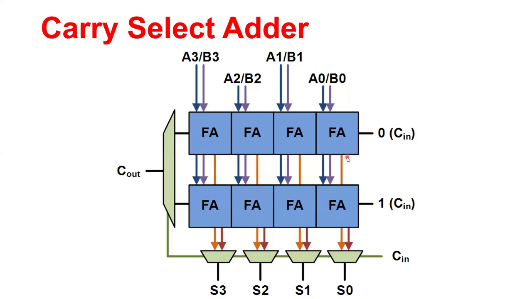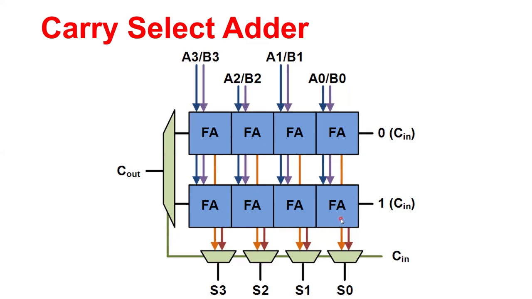So now what we are seeing here is that we are using 2 to 1 multiplexers, where the two inputs to each of these multiplexers are the sum outputs of the top and the bottom carry ripple adder circuits.